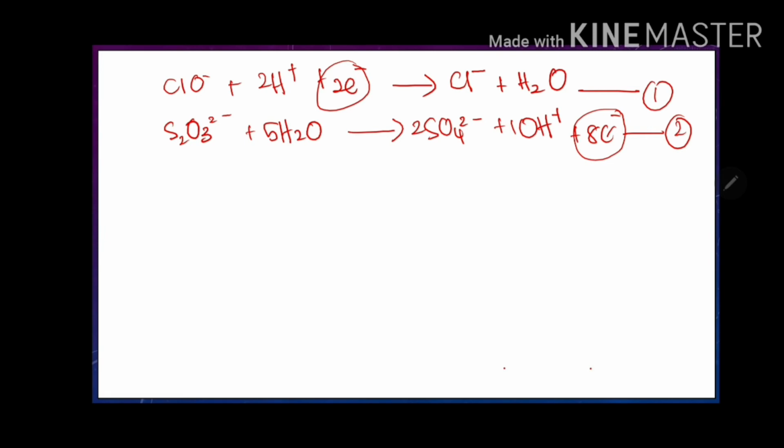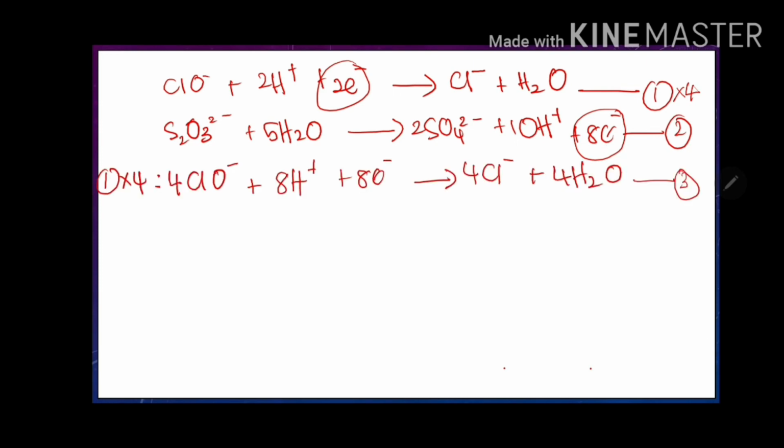So we have 2 and 8. Means here we can multiply the first equation by 4 to make the electron same as the second equation, which is 8. So you get equation 3, which is equation 1 times 4, so you get 4ClO minus plus 8H plus 8 electron produce 4Cl minus plus 4H2O.